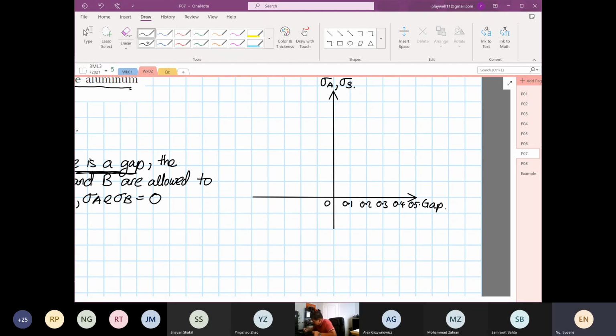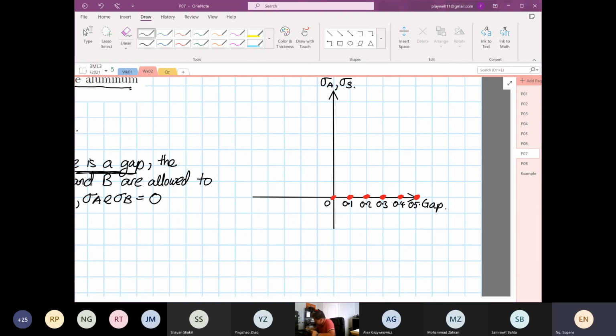We started at 0.5, so it's still maintained at 0 on the stresses. When the gap is 0.4, still no stresses. At 0.3, no stresses still, because there's still a gap. At 0.2, no stresses. At 0.1, no stresses. And when we hit exactly 0, no stress.